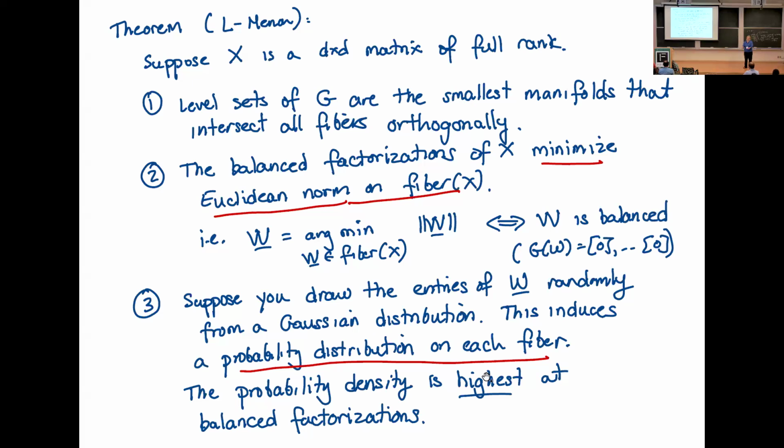Out of all the possible ways to factor your matrix, some ways are more likely than others. It turns out the probability density is highest exactly at these balanced factorizations. So we now have two notions of special that are coinciding. There's which representation you are most likely to pick, that's the probabilistic interpretation. There's also which one is geometrically special.